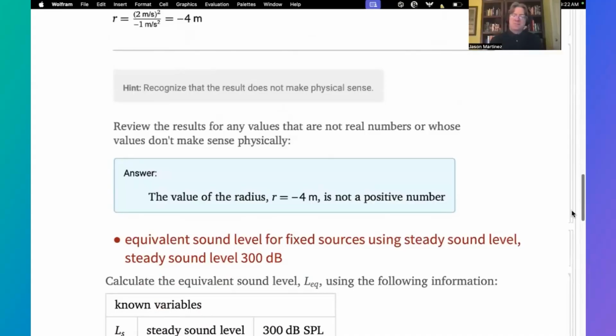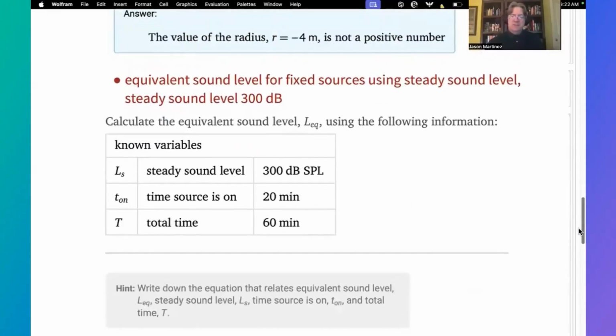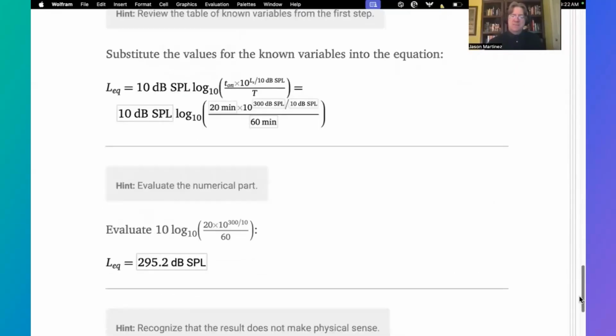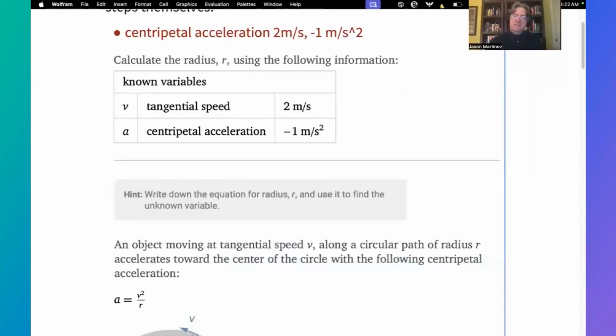You look at the results and see that the radius is not a positive number. And we can do the same thing for the case I showed you with the sound level, where we put in all the results and we get back our final equivalent sound level, but it's outside the range of what's physically realizable.